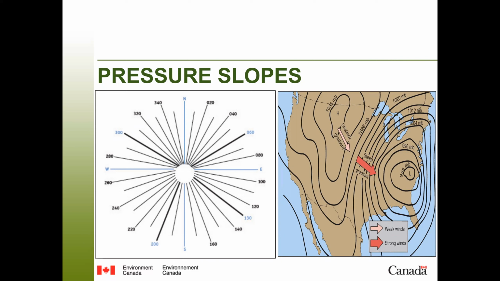A lot of the work here that I'm going to show comes from a couple of books written by an ex-forecaster who's unfortunately no longer with us. Owen Lang was a longtime Environment Canada forecaster and marine forecaster, and he wrote a couple of books, which I'll share with you at the end.